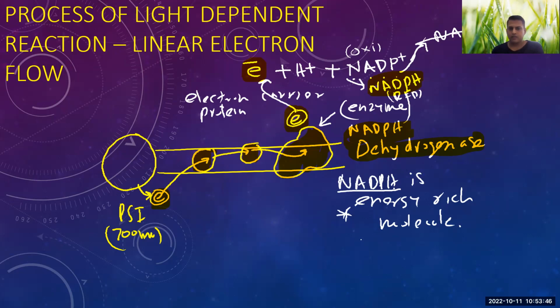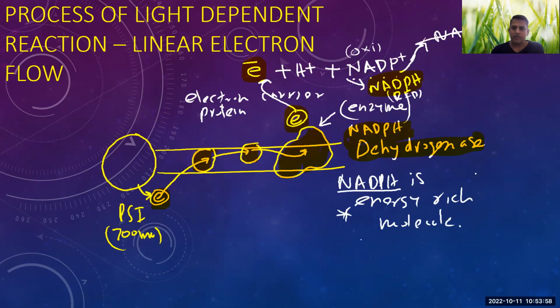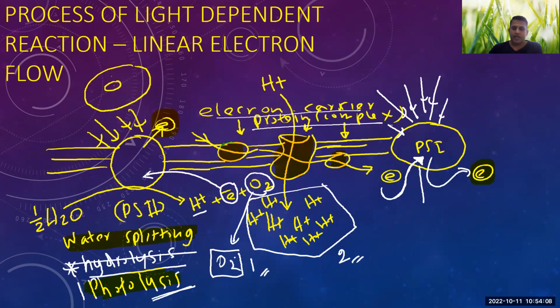Yes, I think we have almost completed the reaction. This electron moves into PS1, and the PS1 electron now moves to NADPH. NADPH is an energy rich molecule, and this oxygen can diffuse out of the leaf or the cell.